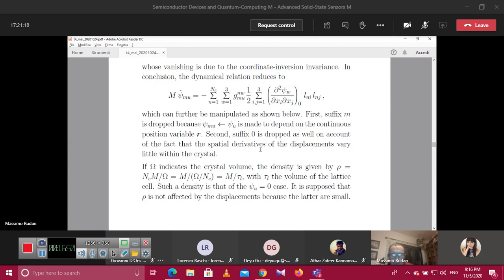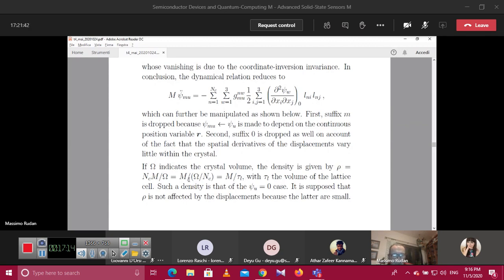The total mass of the crystal is equal to the mass of the individual cell times the total number of cells. So the total mass is Nc times M. If we divide it by the volume, we obtain the density. The volume is omega. We obtain the density of the material rho.